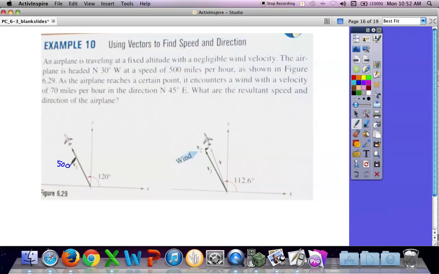As the plane reaches a certain point, it encounters a wind with a velocity of 70 miles an hour in the direction of north 45 degrees east. So north 45 degrees east would be something like this. There's 45 degrees.